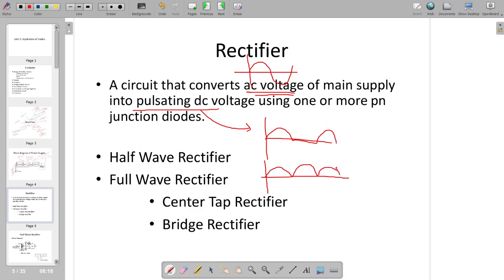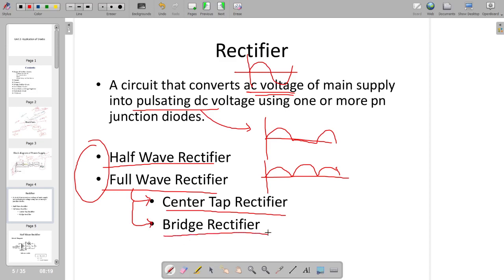Based upon the principle of operation, as discussed in the first slide, rectifiers are classified into half wave and full wave. In a full wave rectifier using a center tapped transformer, it is called a center tapped rectifier. When the diodes are arranged in a bridge manner, it is called a bridge rectifier.